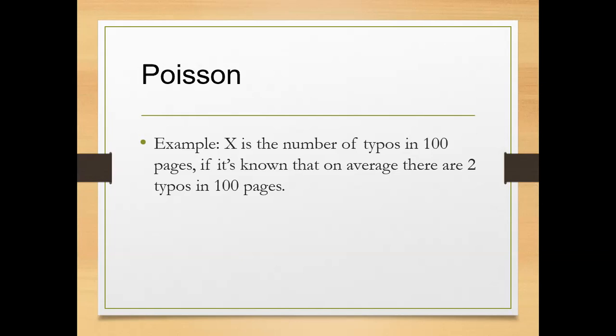I would assume that this is some kind of very carefully edited 100 pages that only have that many typos on average per 100 pages. But do we always know that there's going to be exactly 2 typos? Well, no, that's the average. X is a random variable counting the random number of typos for a random collection of 100 pages.